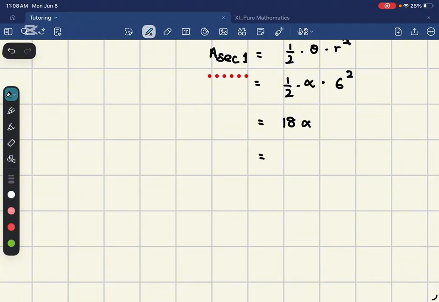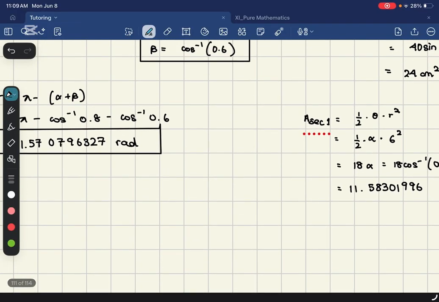And if you do this in your calculator, 18 times alpha, which is cos inverse of 0.8. So 18 cos inverse of 0.8 radians, you get 11.58301996. Something like this. Now let's find the area of the sector 2.